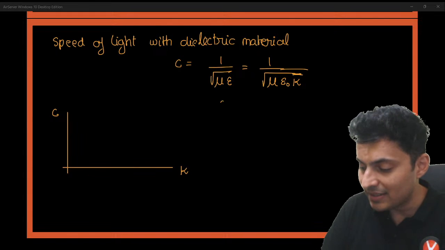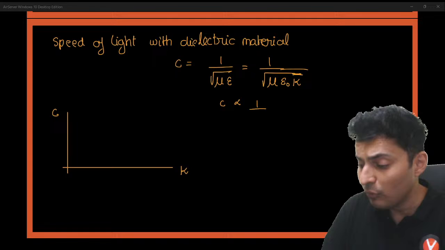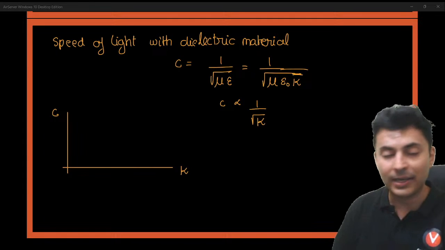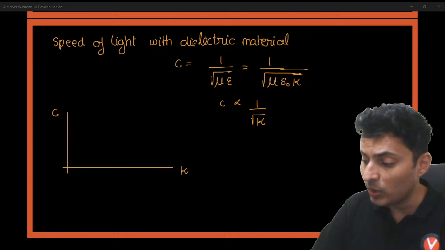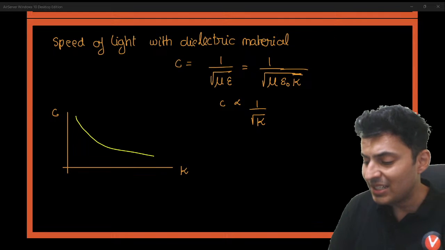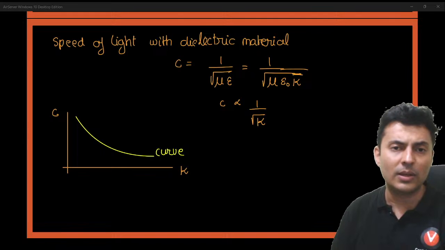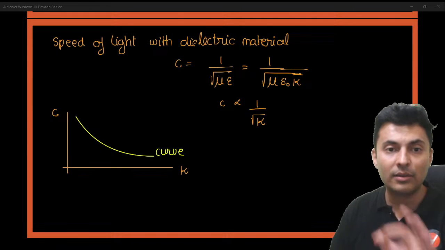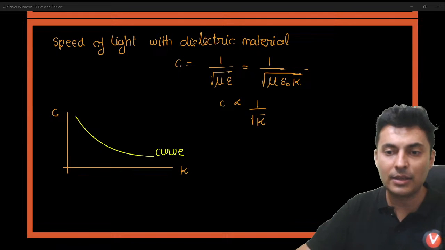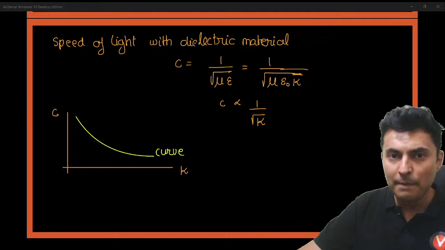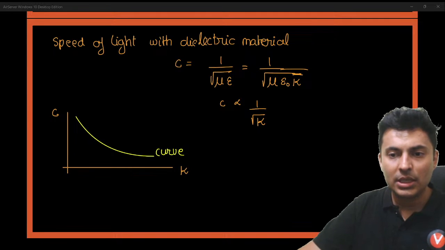So, if you notice, speed of light is inversely proportional to root of k. Hence, the graph will be just a curve. That's all. It's going to be definitely a curved line. Is this very, very clear, my dear warriors? Understood? Great.